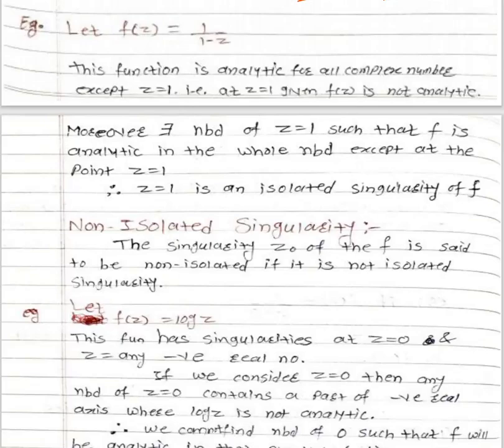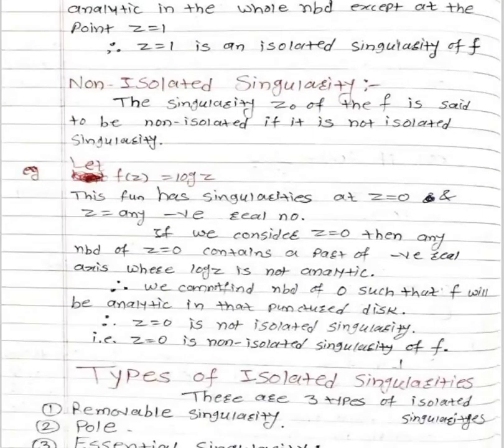And z equal to any negative real numbers. So if you consider z0, then any neighborhood of z equal to 0 contains a part of the negative real axis where log z is not analytic.